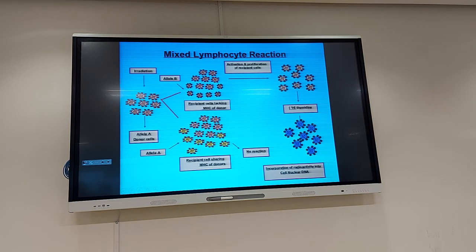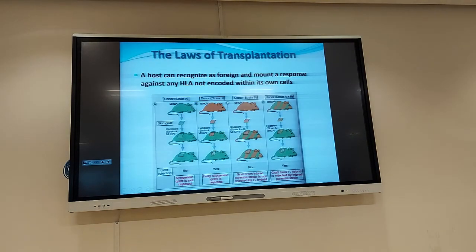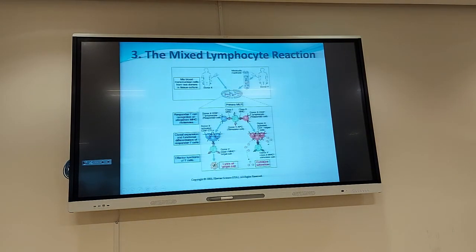So that's one of the ways of measuring it. The other method, which is similar to the mixed lymphocyte reaction, which I talked about in this slide, is that instead of looking for cytotoxicity or cytokine production, when you get an activated immune response as a result of recognizing these differences in the HLA, your reactive immune cells will proliferate.